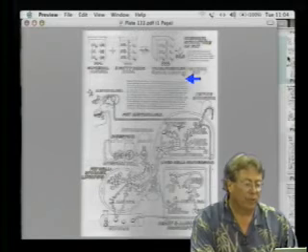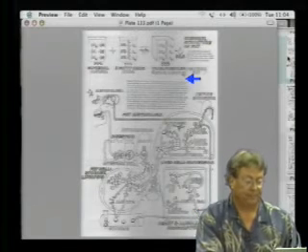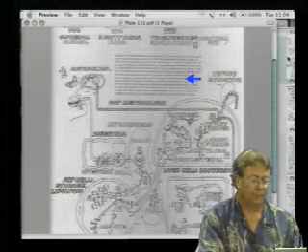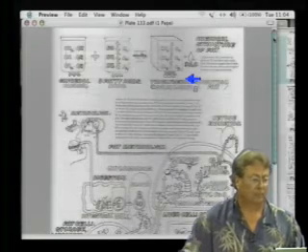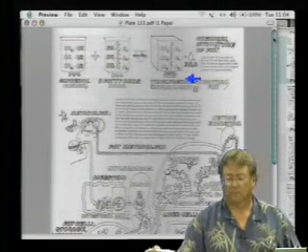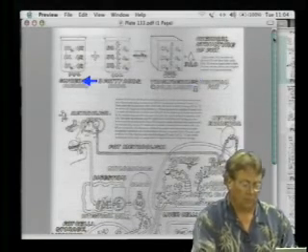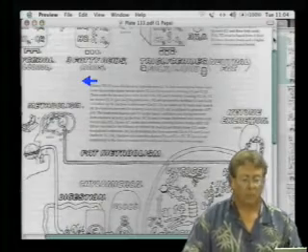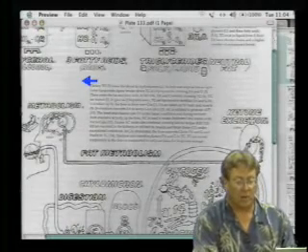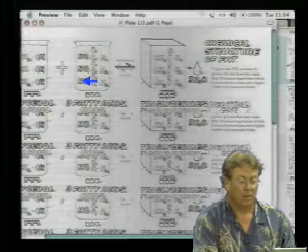Metabolism of fat, plate 133. Storage form of fats are the triglycerides.